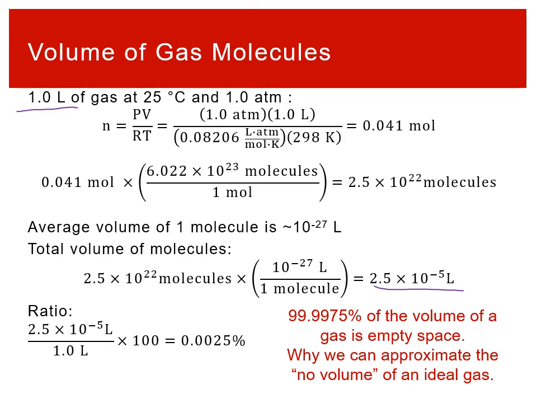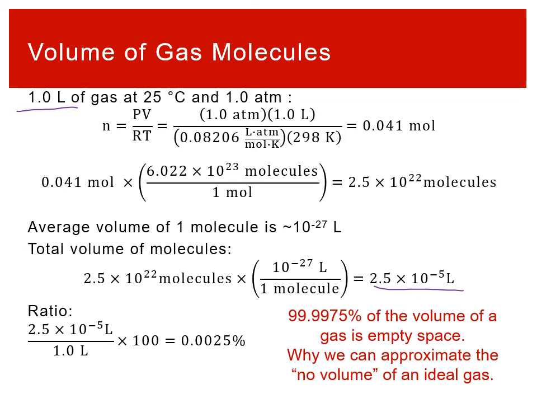So if you have a sample of gas, over 99% of the volume of that gas is really just empty space between the molecules. This is why we can make the argument that a real gas is approximately an ideal gas where the molecules have no volume, because they're just so small and there's so much empty space between them. But we know atoms have a volume, they have a size, they have shape, all sorts of stuff like that.